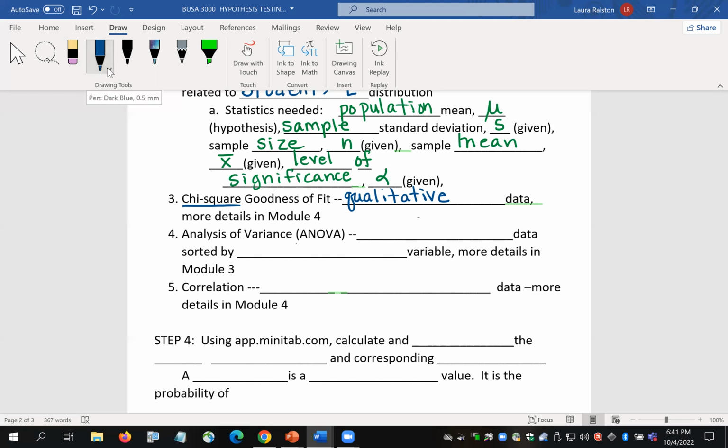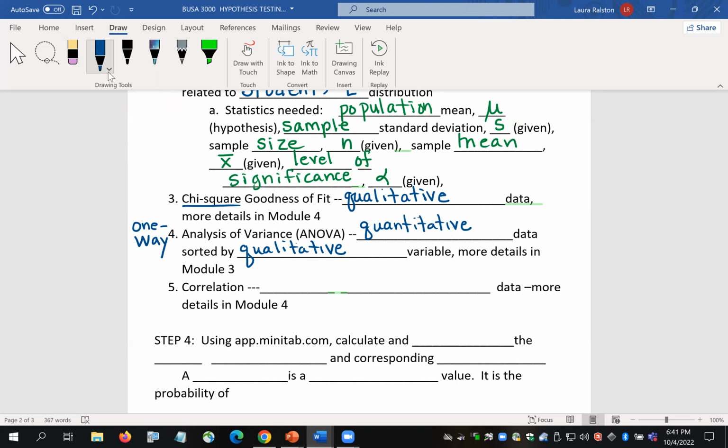We also will talk about analysis of variance, and to be more specific, we conduct what is called one-way analysis of variance, which is abbreviated ANOVA, and it actually is quantitative data that is sorted by a qualitative variable.